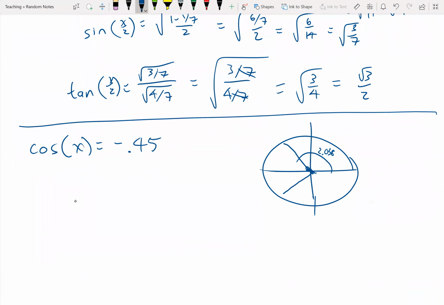So I need to find this angle here, the third quadrant angle. One way I could do it is find theta prime here and then add that to pi. But even easier is recognizing that the angle on the bottom from 2 pi backwards would be that 2.038 directly.